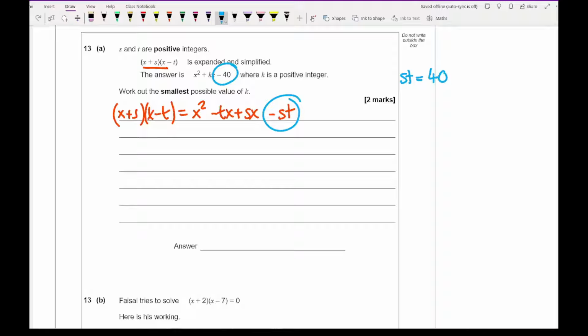So again, because it's a minus, what I need to do is find two numbers that multiply together to give me 40. So I've got 1 times 40, 2 times 20, 4 times 10, 5 times 8. Now what I can also see is that as k is a positive number, it means that the bigger of the two numbers is going to be positive, and because the constant is negative, it means the signs are going to be different.